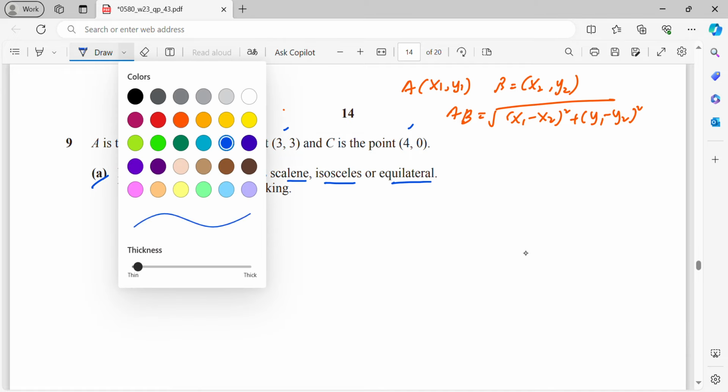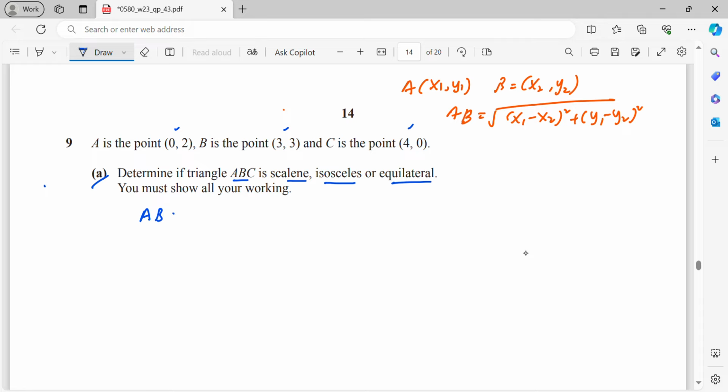That means this AB will be the square root of 3 minus 0 squared plus 3 minus 2 squared. Then that will be the square root of 10.